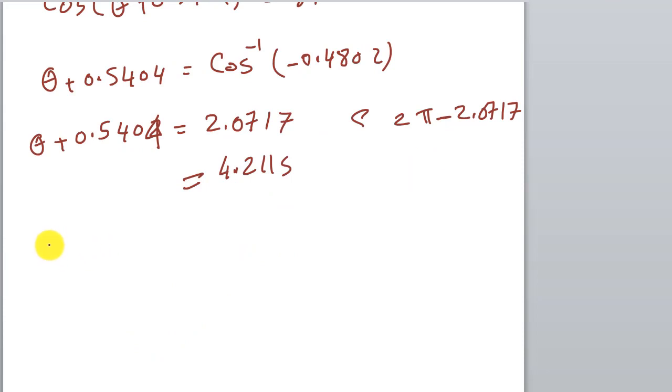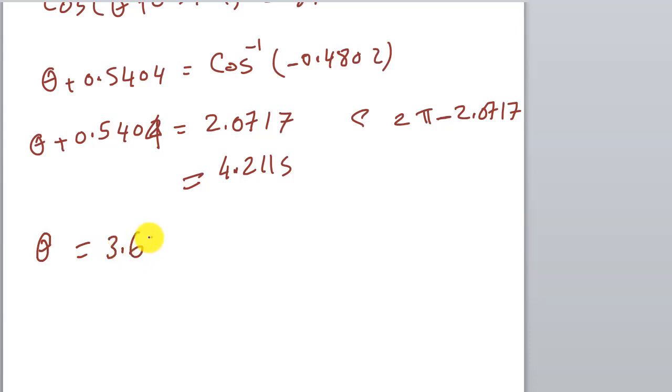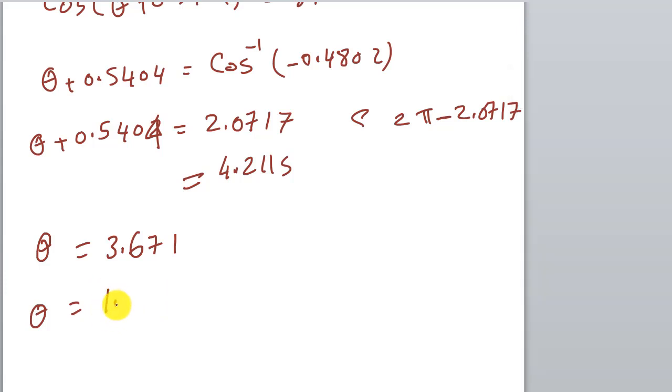So from here theta will equal to, let us find the answer, 4.2115 minus 0.5404, 3.671, and theta equal to 2.0717 minus 0.5404, so 1.5313.